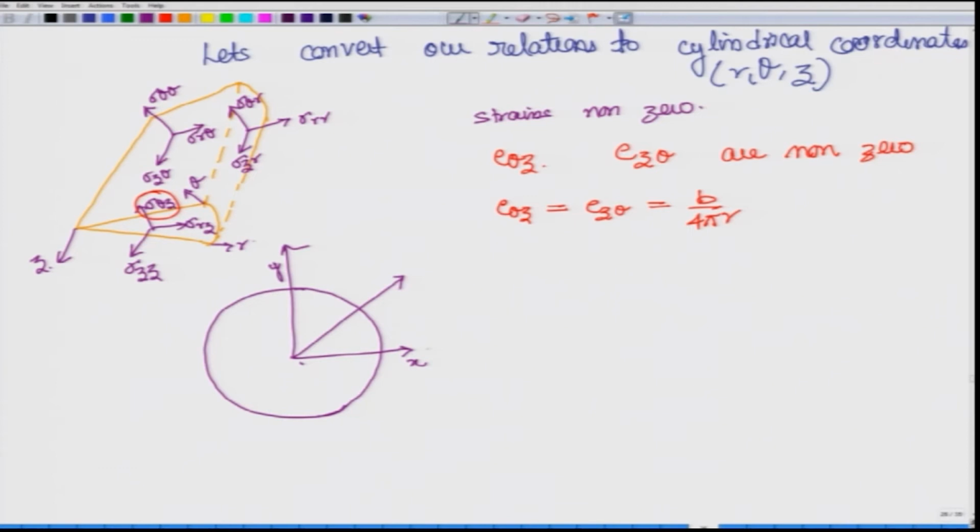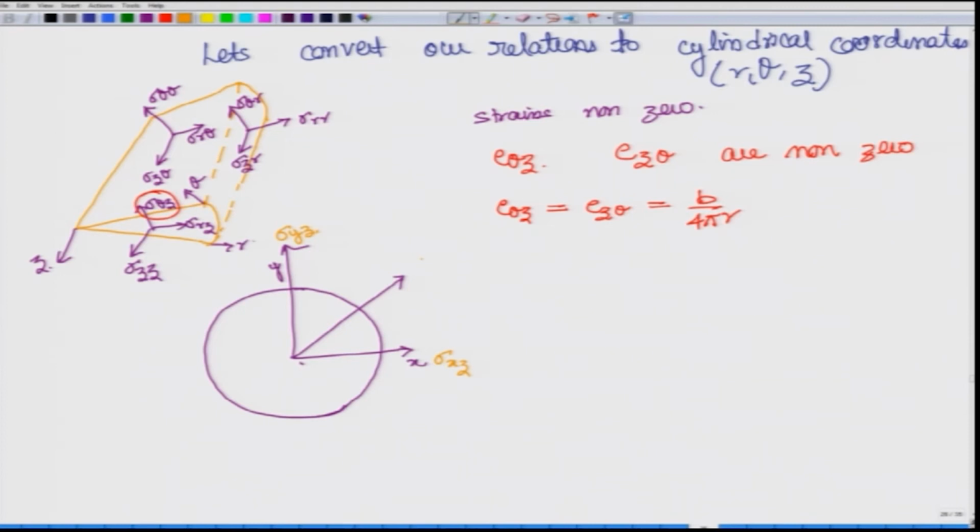So, sigma x z, which direction would sigma x z lie? Sigma x z would lie along this, sigma y z. If we look at sigma r z, it will not be dependent on x and y, it will be anywhere along the radial direction.